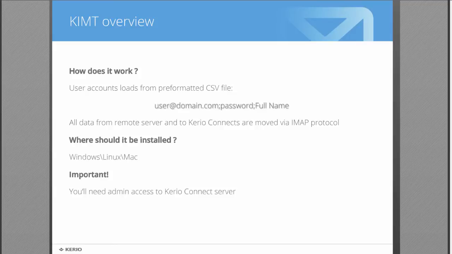It is a third-party machine, and in this case, compared to the Exchange, you don't need to have access to the server level, and there is a difference because you are providing already the credential, as you can see, username, domain, and password to actually get the data using the IMAP protocol. So effectively, you are using like a fake entry of the individual users to suck the data out of the server, dump it somewhere locally, and move it onto Kerio Connect.